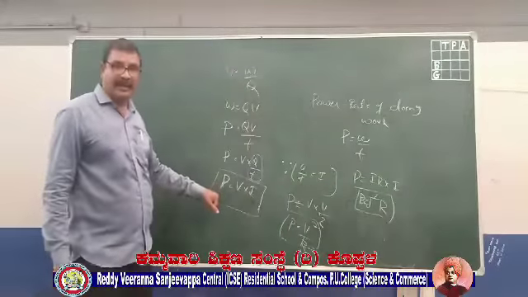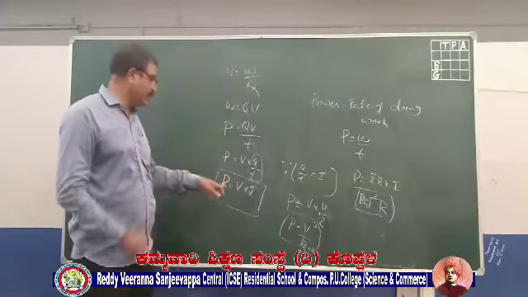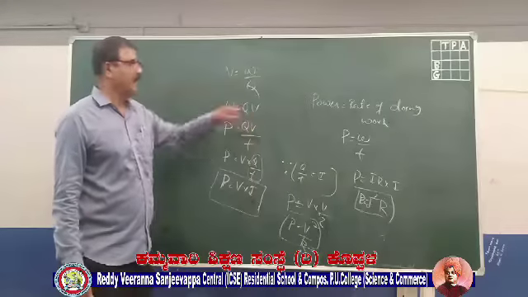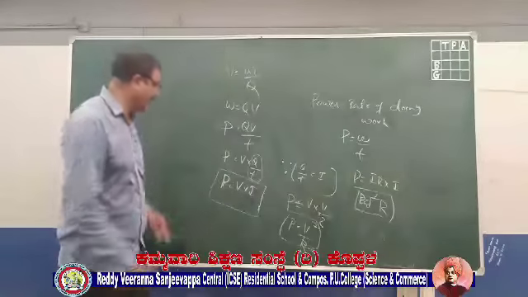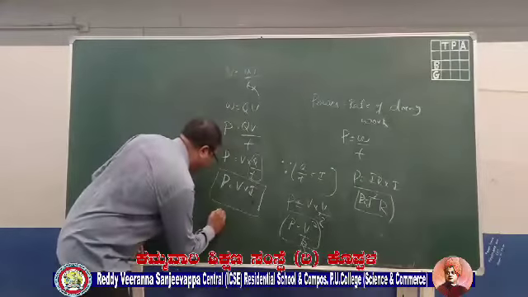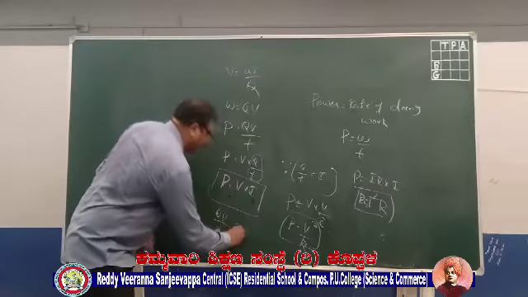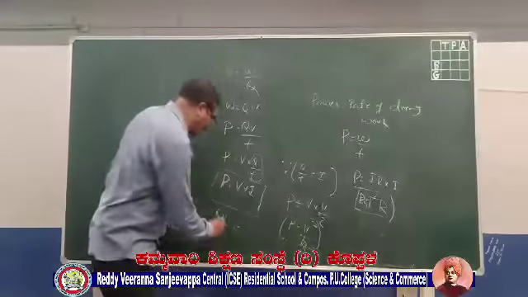At the same time, this is about power. Can I change it into QV by T? So what can I write, power can I write as QV by T. So similarly, once again the equations can be changed.